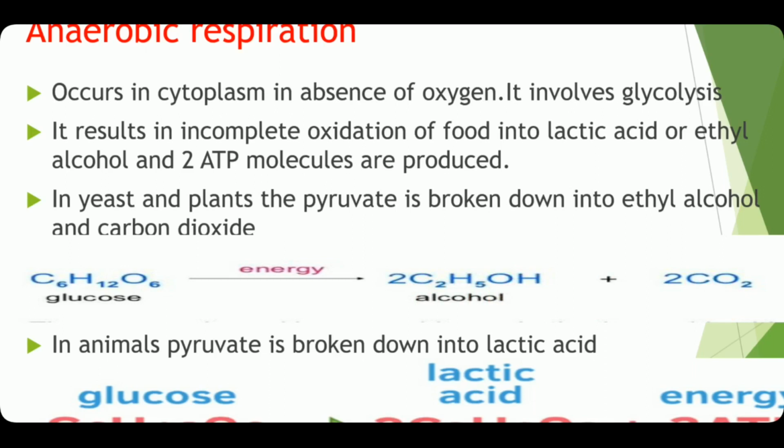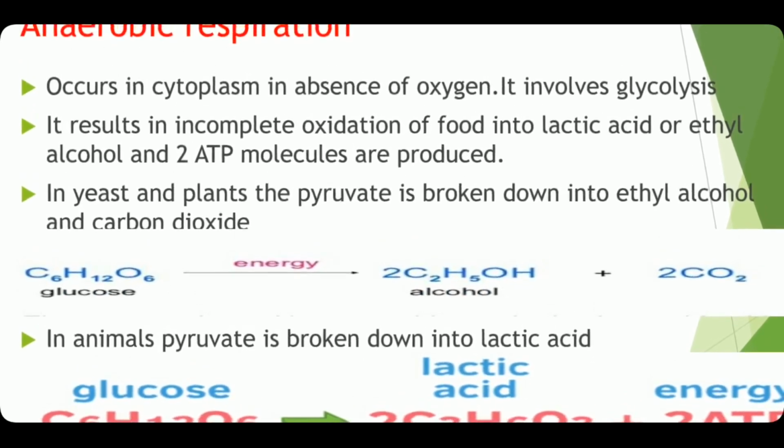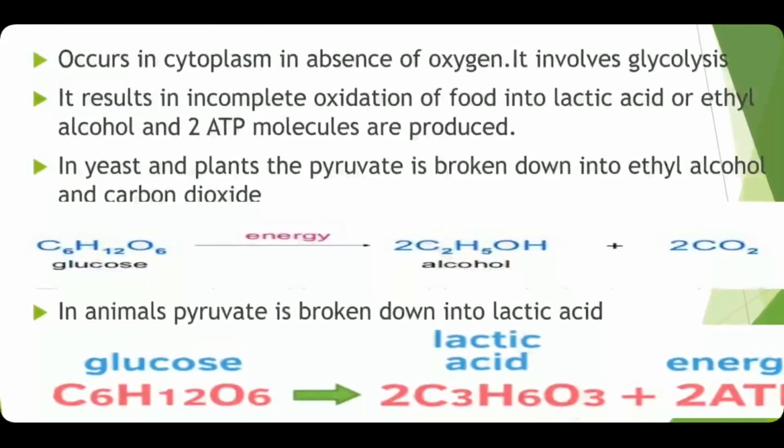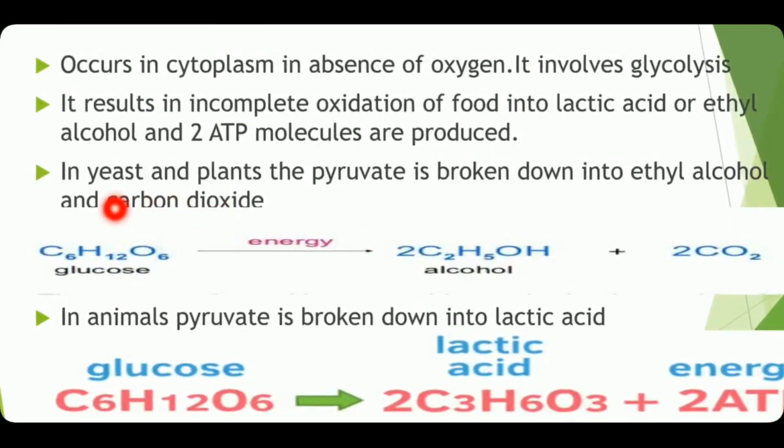This is the reaction that takes place here. Let me show you in which organism ethyl alcohol is formed, and in which one lactic acid is formed. In yeast and plants, the pyruvate is broken down into ethyl alcohol. You can see that this glucose converts into pyruvic acid in glycolysis, which takes place in the cytoplasm.